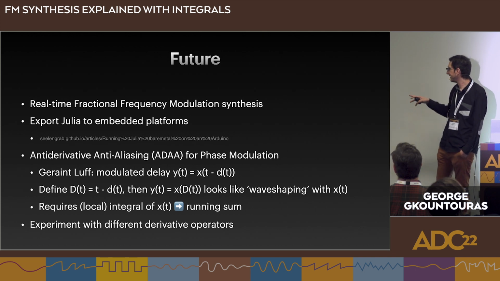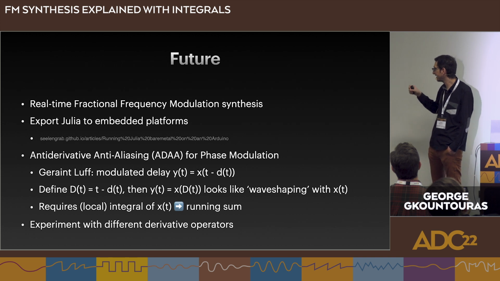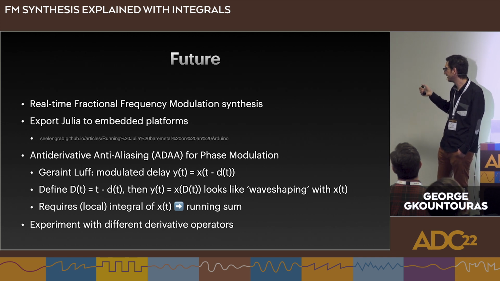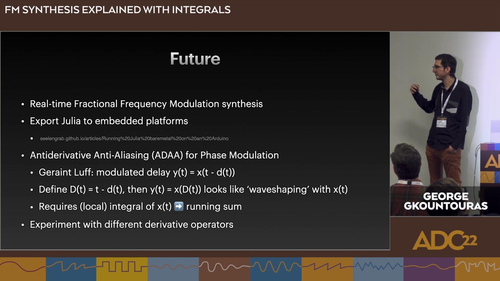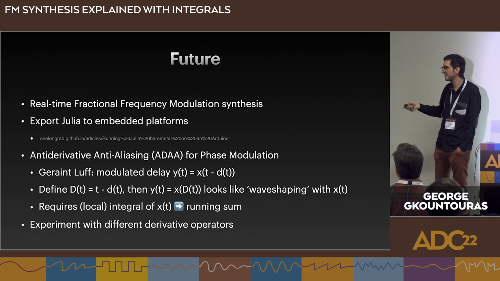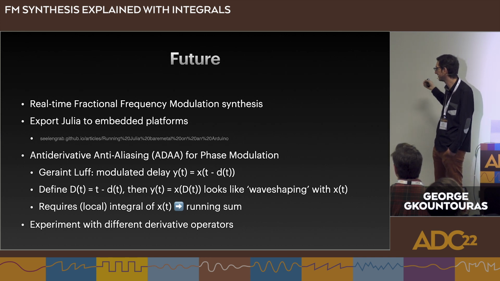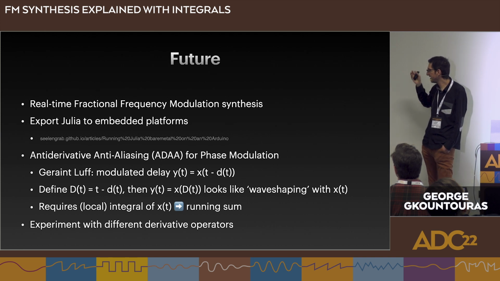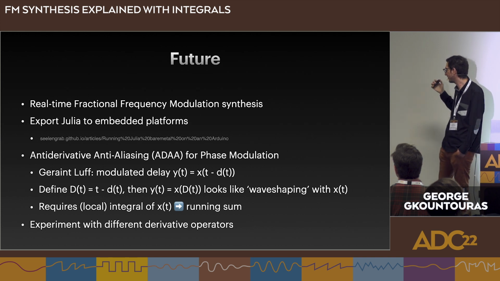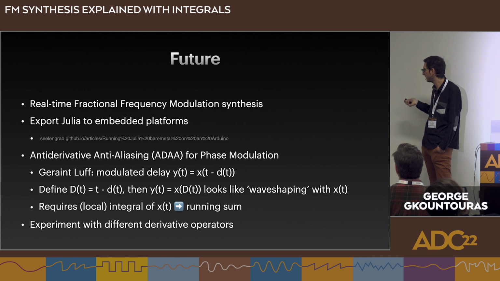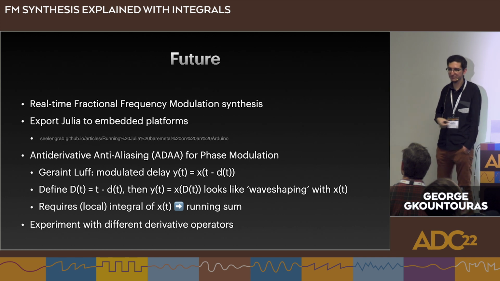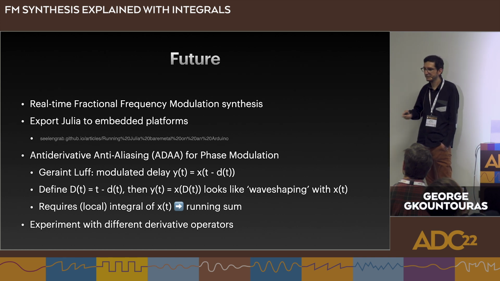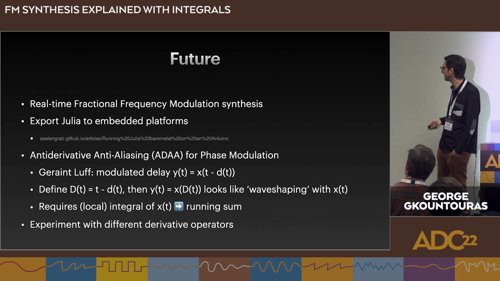And a delay, if you look at the PM signal, it looks like wave shaping the delay using our input waveform X as a modulator, as a wave shaper. So there are a few details to consider, and we haven't tried it, but it should require the local integral. We can approximate it with a running sum. And another interesting idea is to experiment, again, with different waveforms, different orders, different fractional derivative operators, all that.